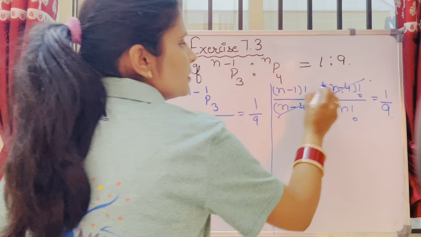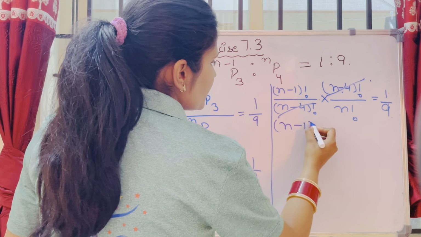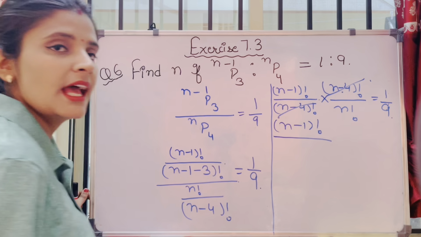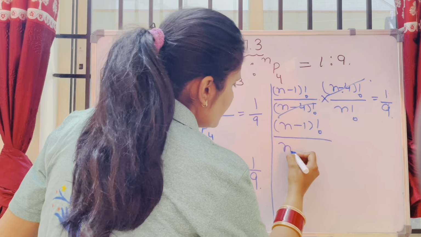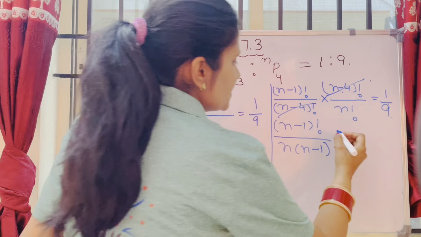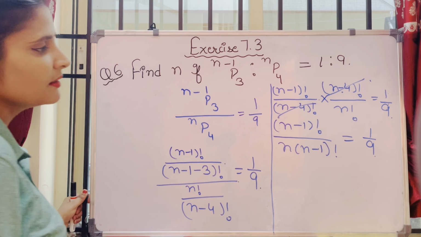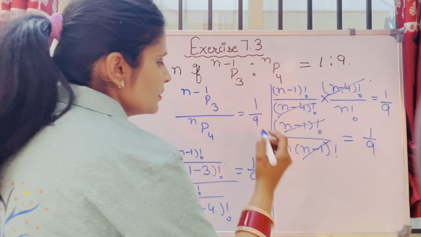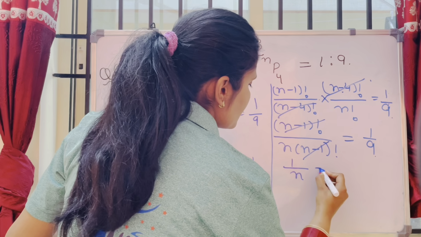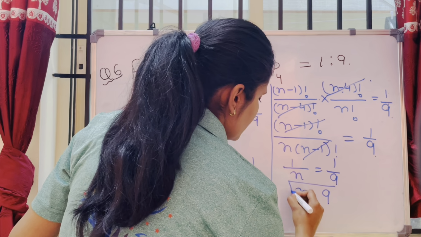So these cancel each other. We can write n factorial as n into (n minus 1) factorial, which is equal to 1 upon 9. So (n minus 1) factorial cancels each other. So 1 upon n is equal to 1 upon 9. So n is equal to 9.